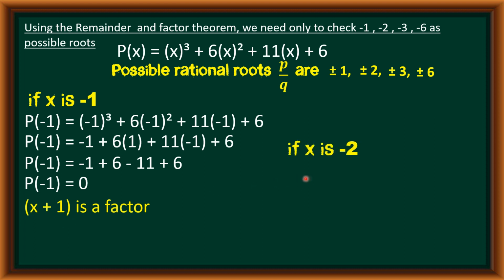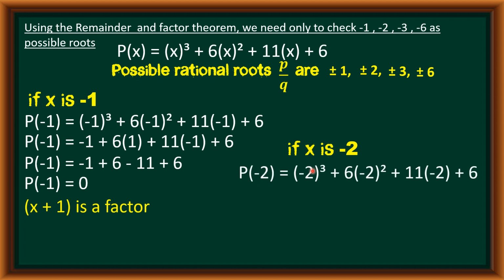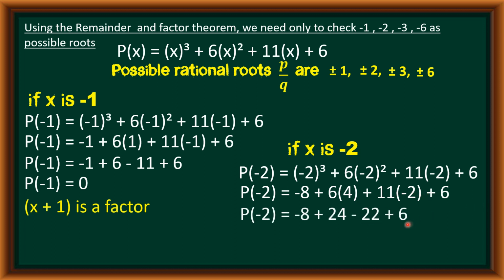Another one, let us check if x is equal to negative 2. Negative 2 naman ipapalit natin. So, we have negative 2 cube, ayun yun, plus 6 times negative 2 square, plus 11 times negative 2 plus 6. So, negative 2 cube is negative 8. Negative 2 square is positive 4. Ayan, tapos ginaya lang yung iba.